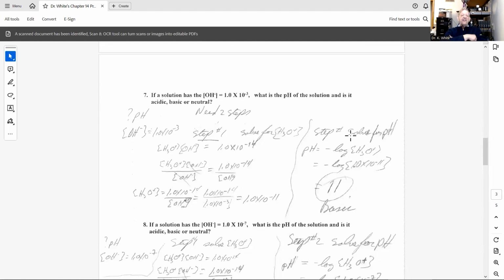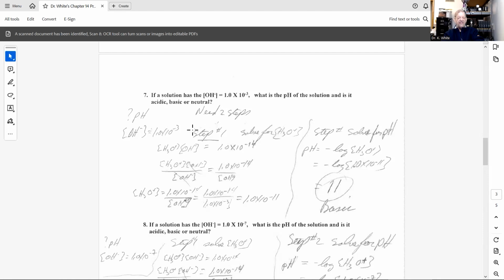Now, let's look at number 7. If a solution has a hydroxide, OH minus, concentration of 10 to the minus 3, what is the pH of the solution, and is it acidic, basic, or neutral?